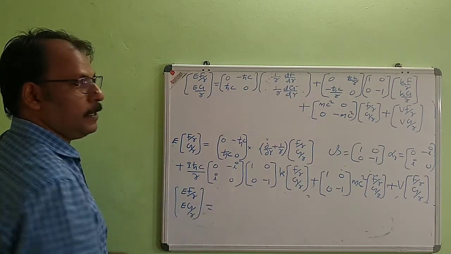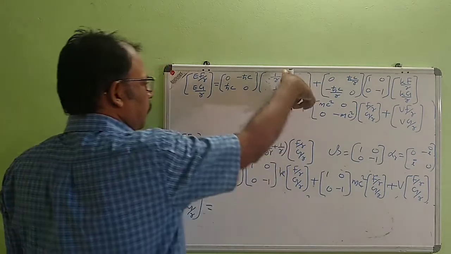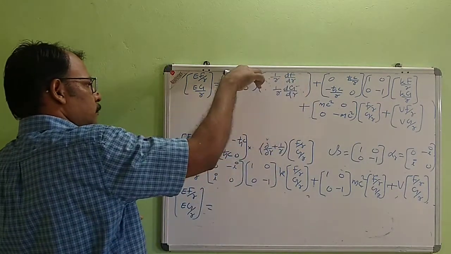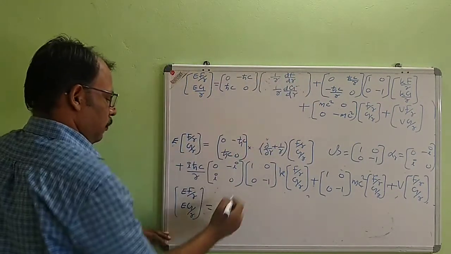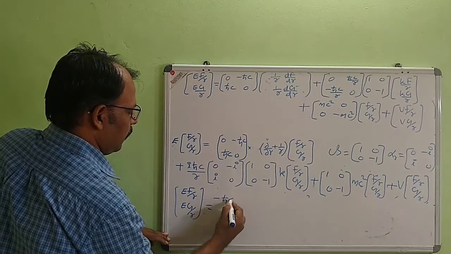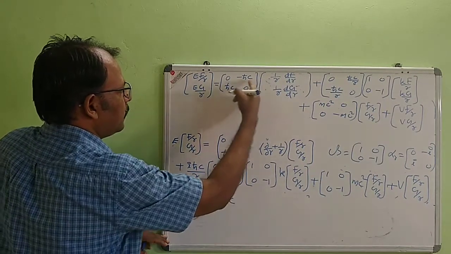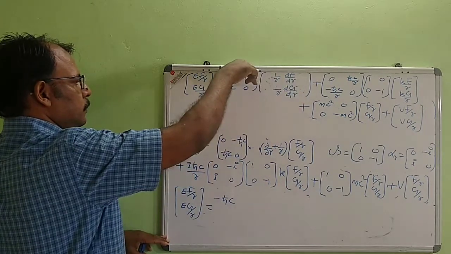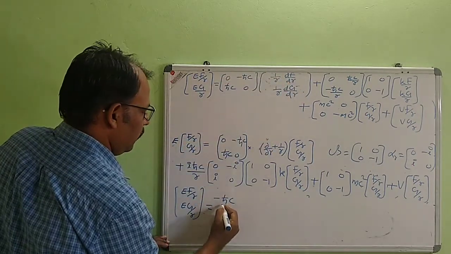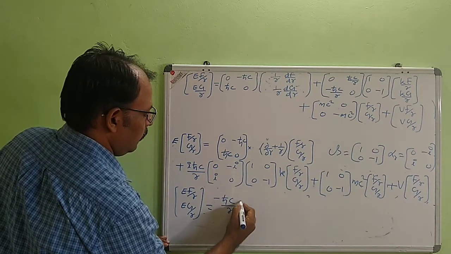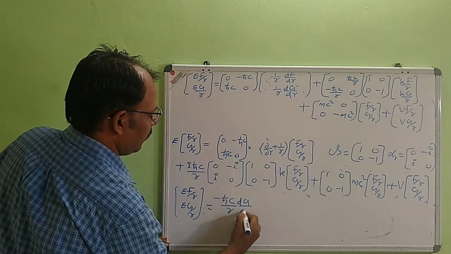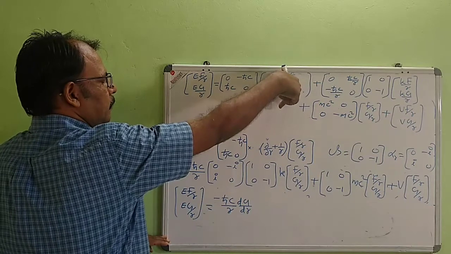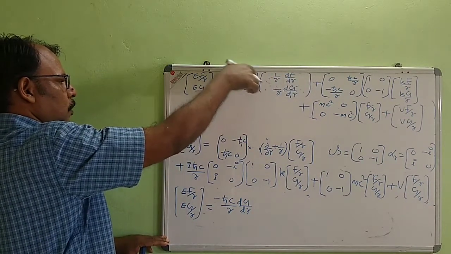Right hand side, when I multiply this one with this one, the first element is 0, minus h bar c into 1 by r dg by dr. The first element will be dg by dr, multiplying this one with this row.